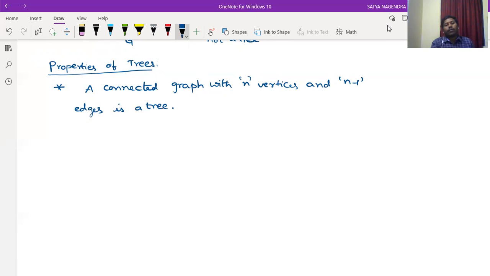Okay, so a connected graph with n vertices and n minus 1 edges is a tree. See that, this is very important, connectedness. A connected graph with n vertices and n minus 1 edges is a tree.